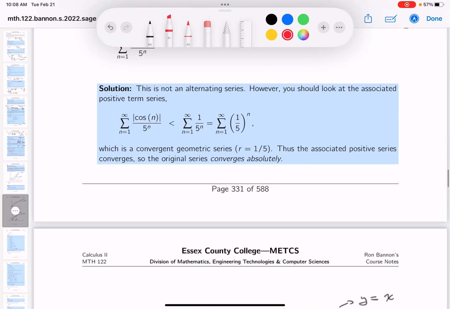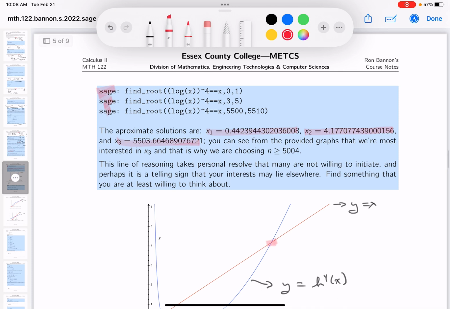So I'm going to say over here, pretty conclusive now, that if I pick an n, you know what, I think I made a mistake there. We'll have to correct it. n greater than or equal to 5,504, and I'll make the correction, so I'll write down correct.